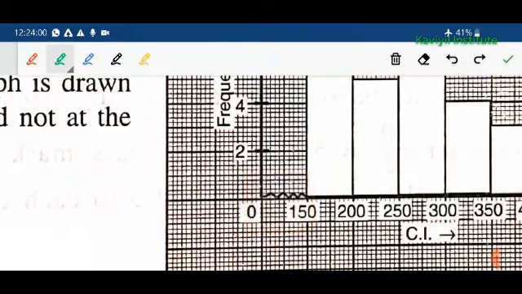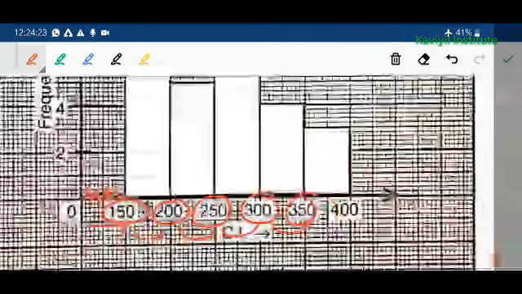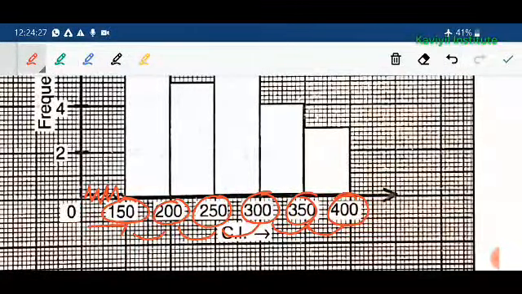This is what is known as a zigzag, we will draw something here in a zigzag manner and we will fold the page. Now this much area of the graph we have folded, and we are starting straight away with 150, then 150 to 200, then 200 to 250, then again 250 to 300, again 300 to 350. And it keeps on going till 350 to 400. So we have drawn the class interval here.